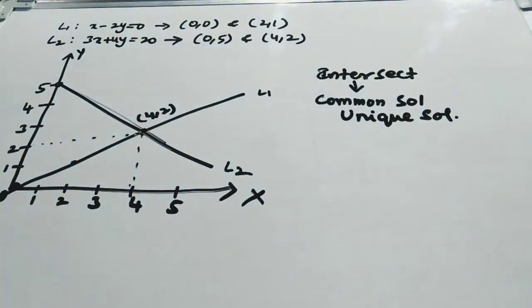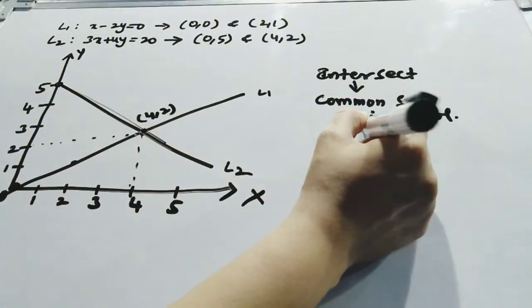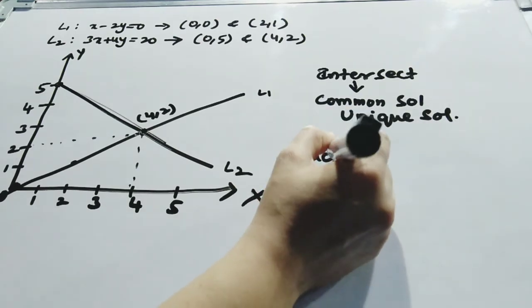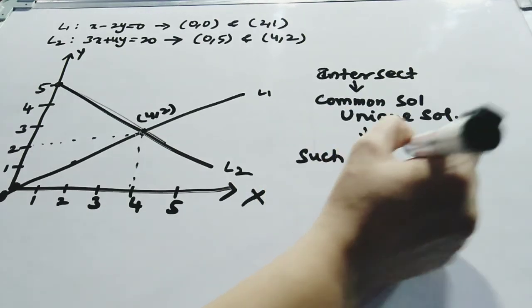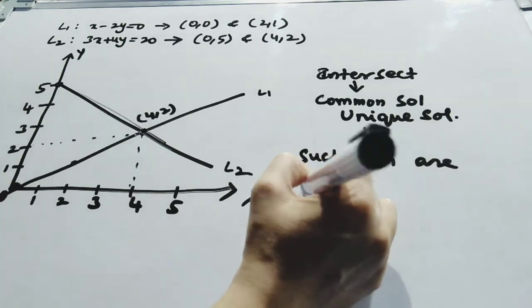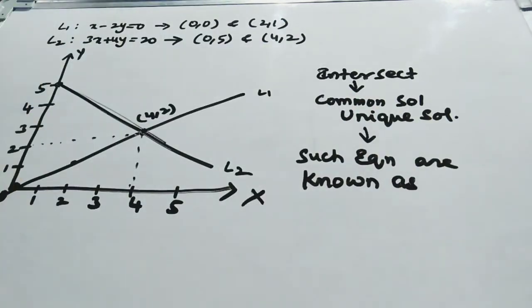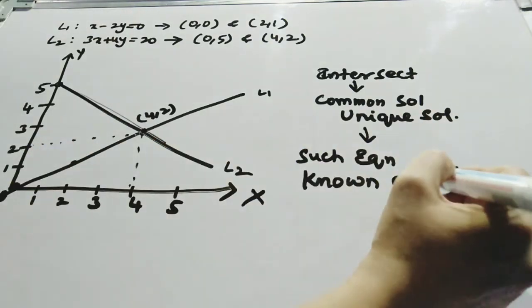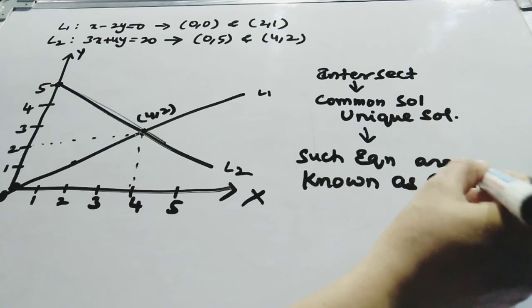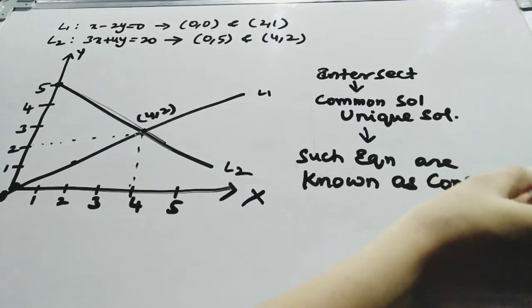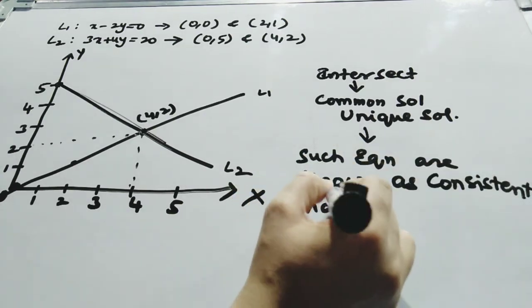Such equations are known as consistent, or independent, pairs of linear equations.